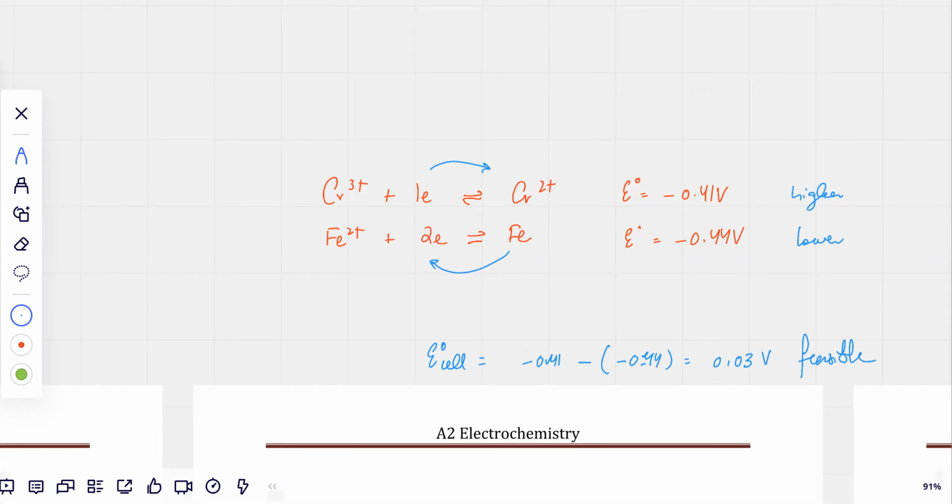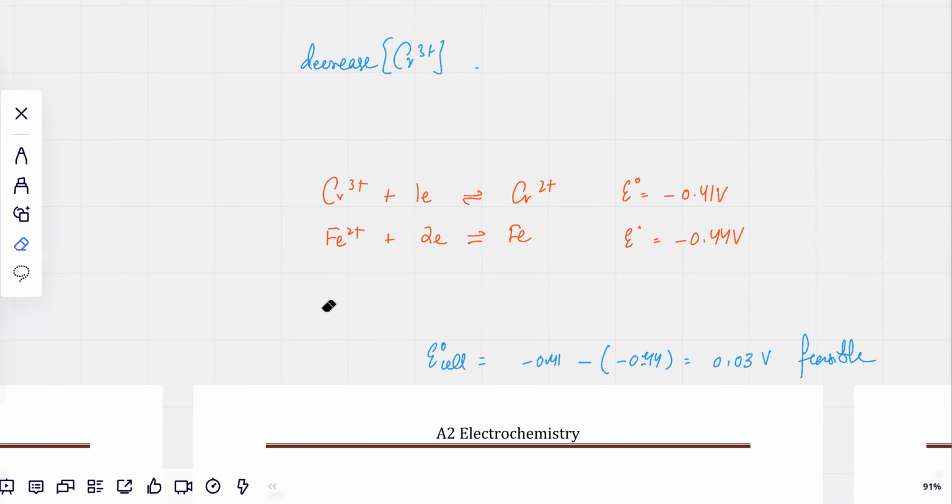Is this clear? Yes, sir. So now all of a sudden, what I do is I decrease the Cr3 plus concentration. Now let's try and do everything again. Forget which one was the higher, which one is the lower one.